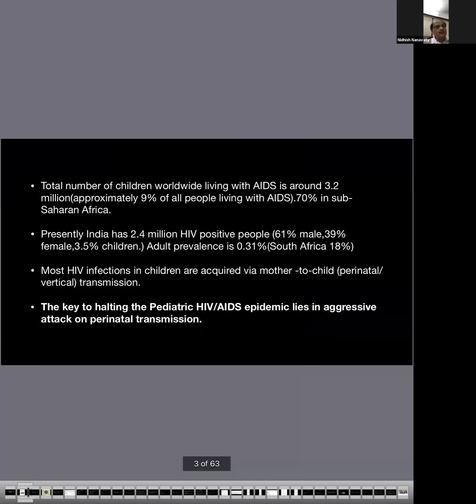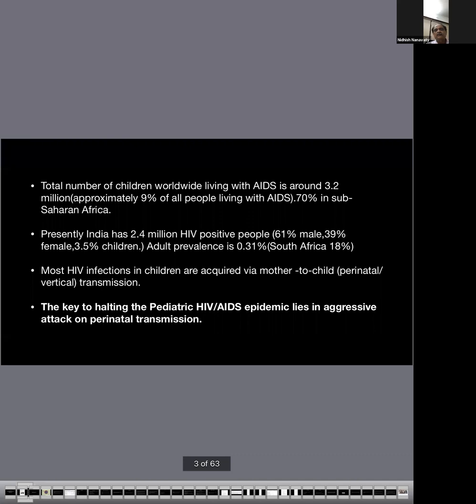As you all know, the incidence of HIV in children and AIDS have gone down to a considerable level from 2000 to 2015, mainly due to timely antiretroviral therapy in the mother and preventing vertical transmission in children. And 70% of adults and children who are affected are in sub-Saharan countries, African countries, as we know.